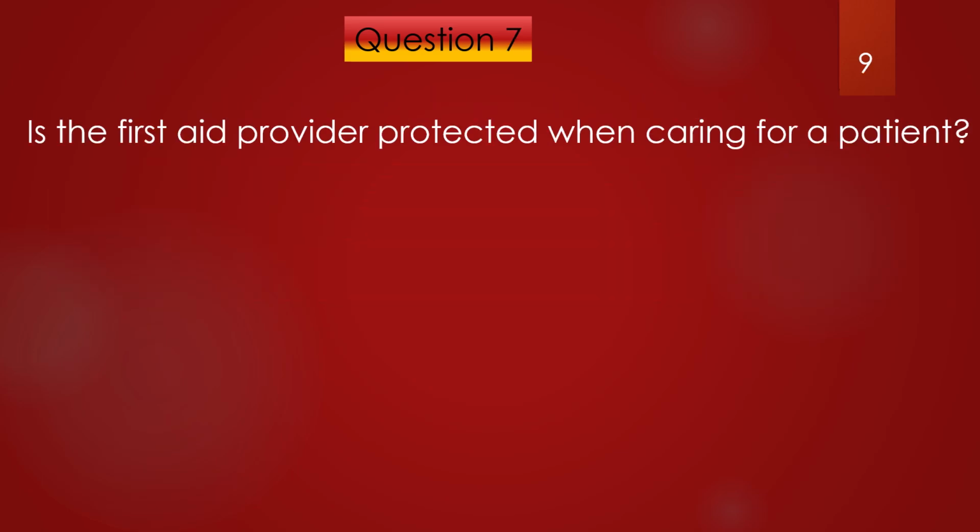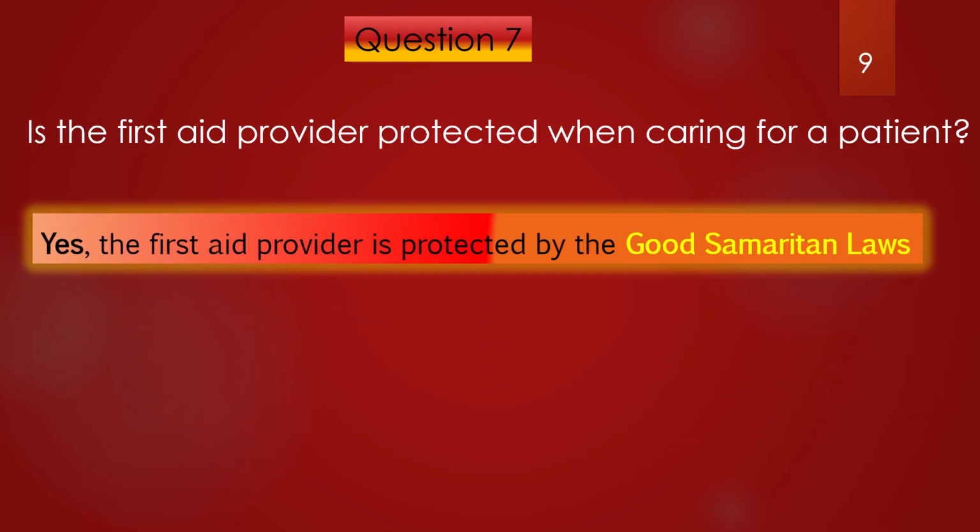Is the first aid provider protected when caring for a patient? Very important question. And the answer is a resounding yes. The first aid provider is protected by the Good Samaritan laws.